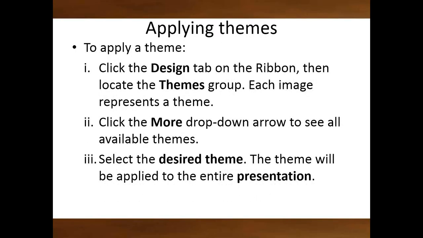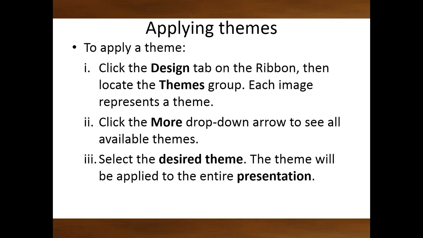How do we apply themes? The steps are given as follows. 1. Click the Design tab on the ribbon and then locate the Themes group. 2. Click the More drop-down arrow to see all available themes. 3.